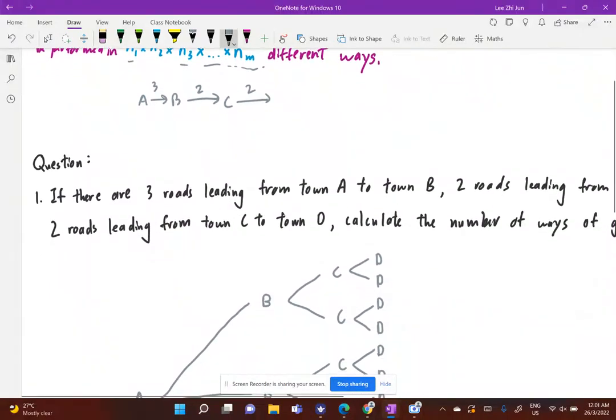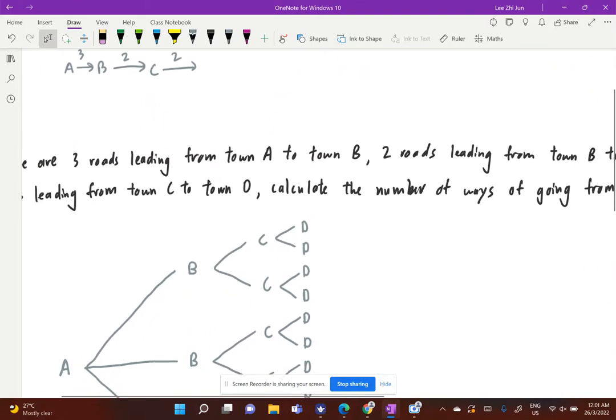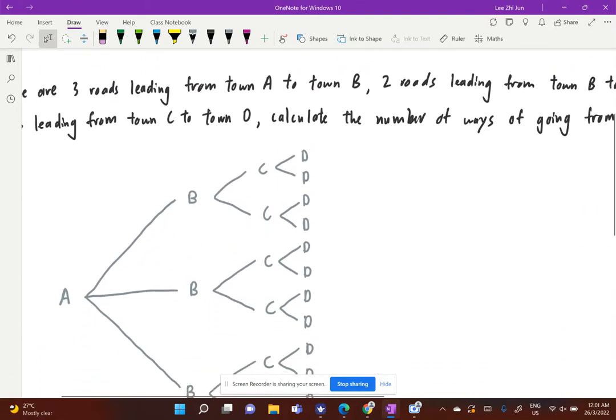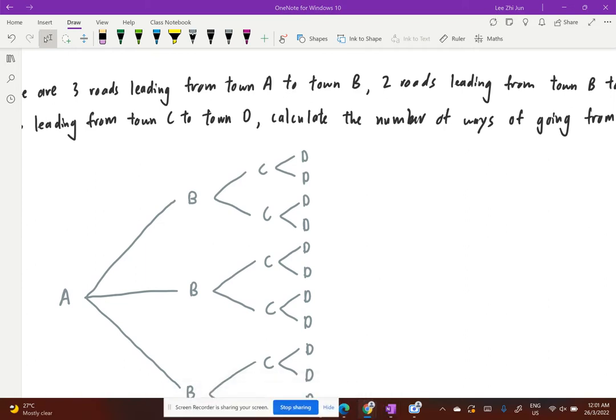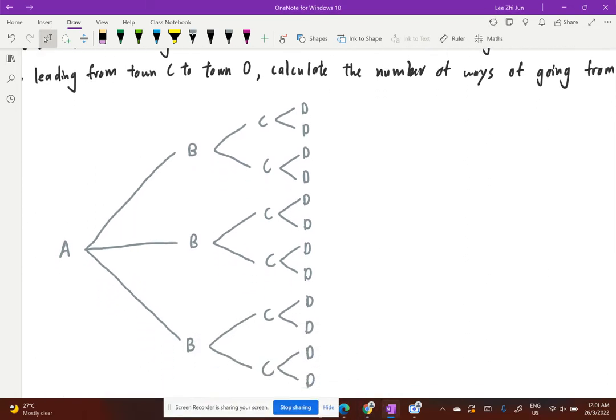I can express the number of ways of going from town A to town D by using a tree diagram. The tree diagram we will learn in chapter 8, probability. As you can see, town A to town B, there are 1, 2, 3 ways. Town B to town C, 1, 2, 1, 2, 1, 2.